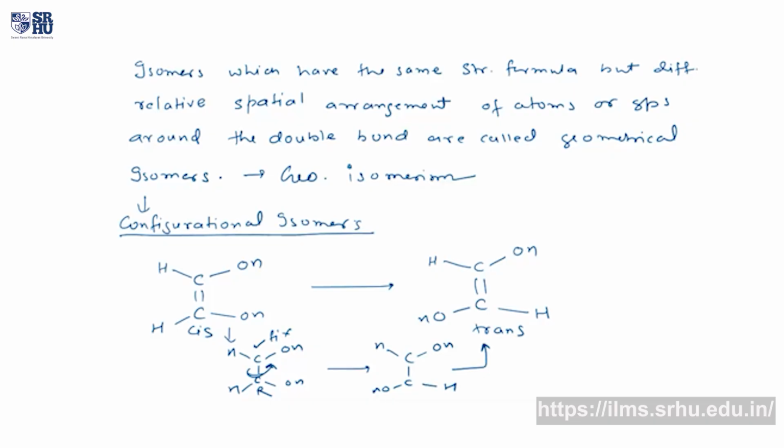Because conversion of one isomer into another requires breakage and formation of a double bond, these are known as configurational isomers.